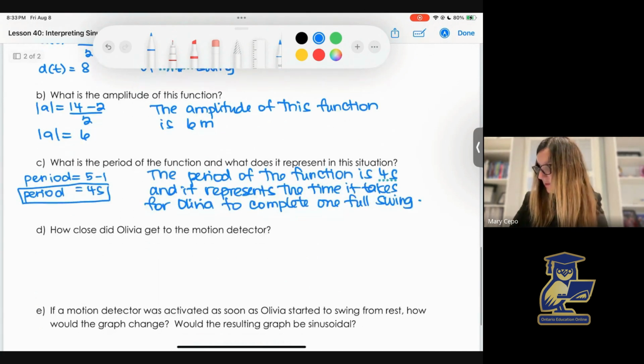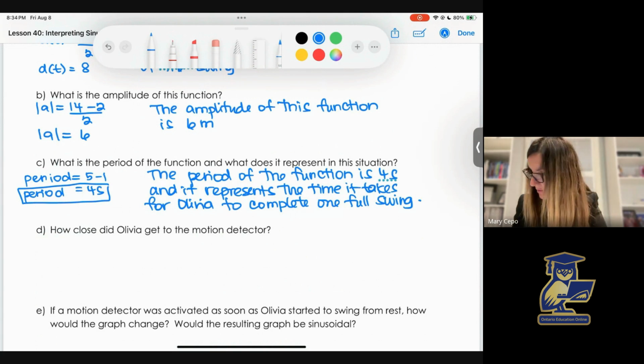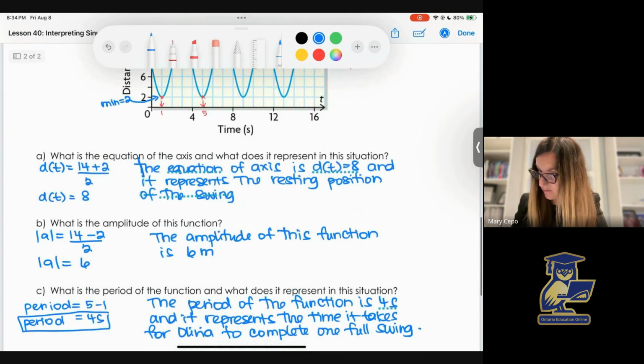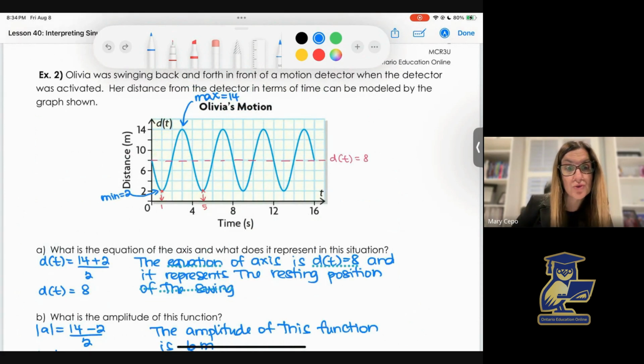Okay, how close did Olivia get to the motion detector? We have to interpret that from the graph. Looking at the minimum, the closest she got was 2 meters. Zero would be where the motion detector was, but her minimum is 2.